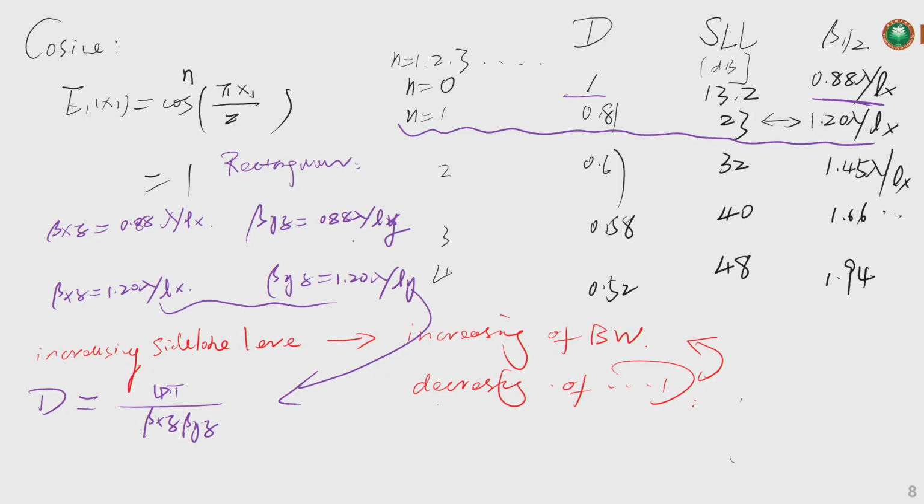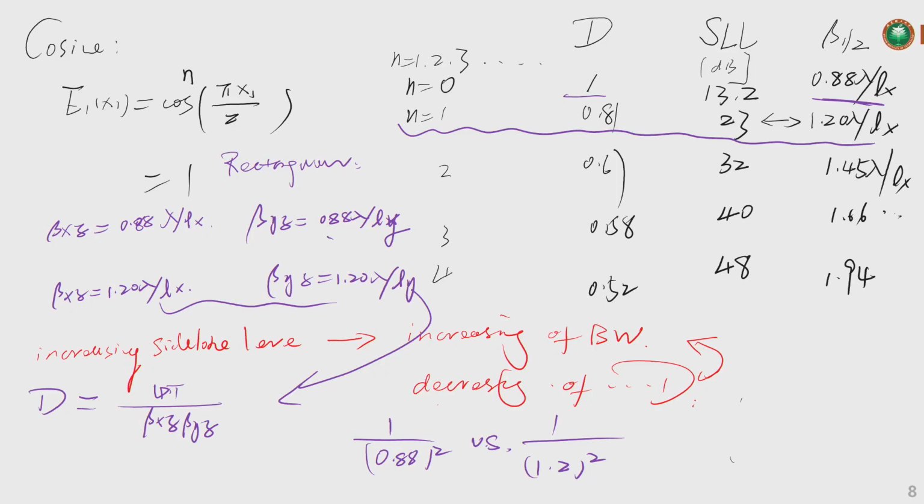For this part it's 1 over 0.88 squared, and this one becomes 1.2 squared, so the reduction of that part is much more than that one. That's because it's the three-dimensional radiation pattern.